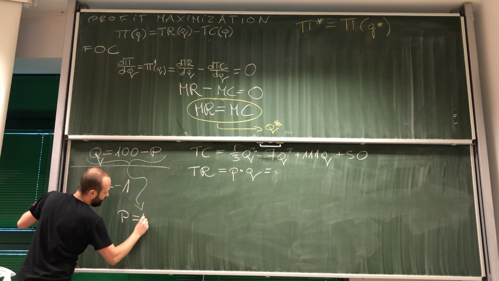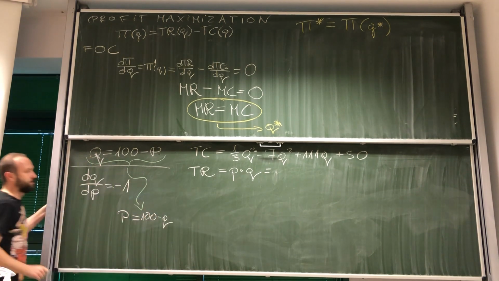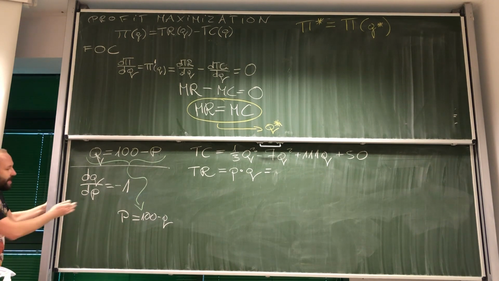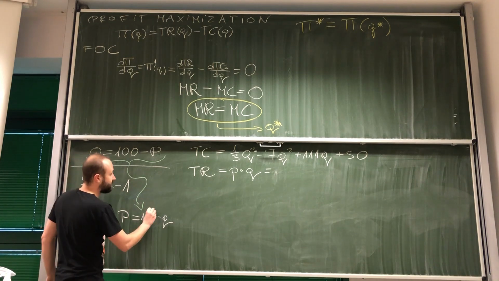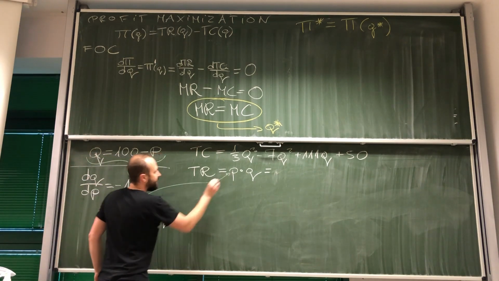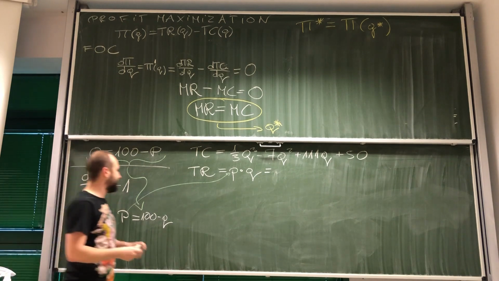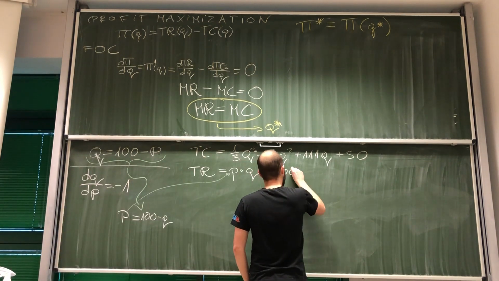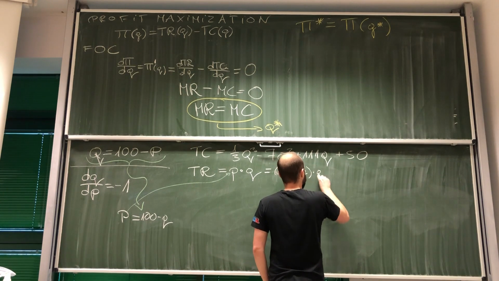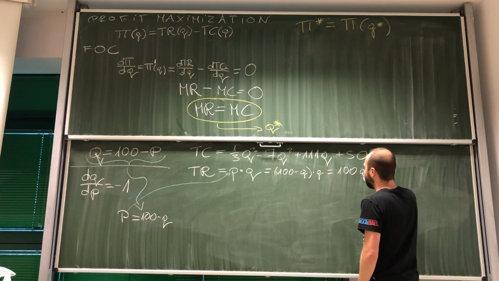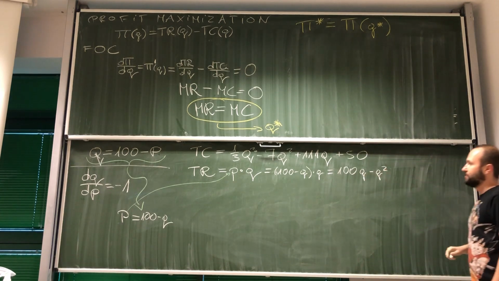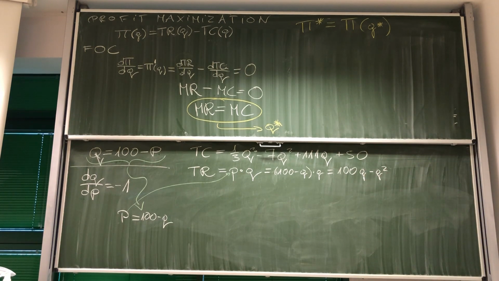So we've got that P is equal to 100 minus Q. And now I can substitute this P inside the total revenue, and I'm getting 100 minus Q times Q, which gives me 100q minus q squared.